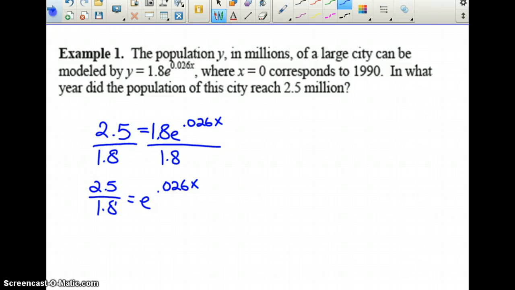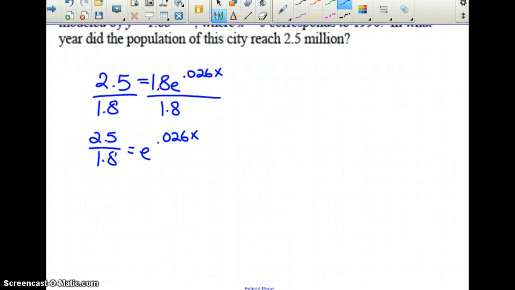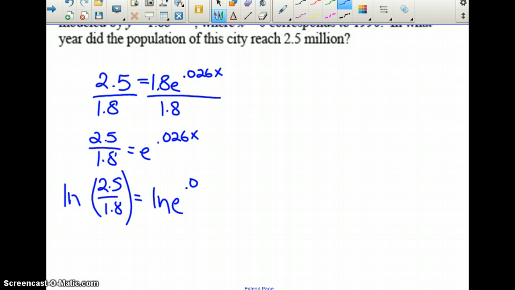All right, now we need to get rid of the e, so we're going to take the natural log of both sides. ln of 2.5 over 1.8 equals ln of e to the 0.026x.